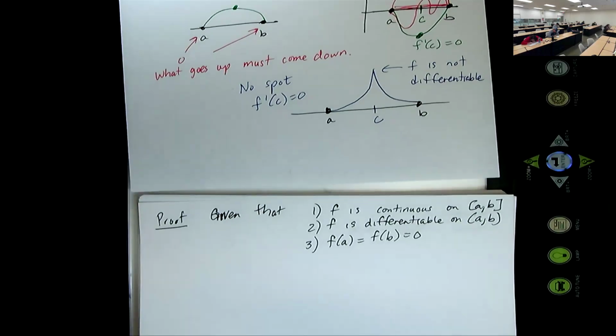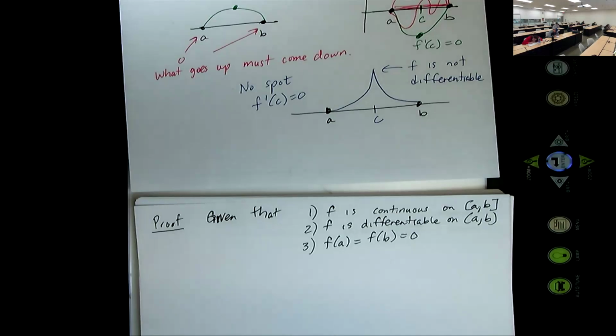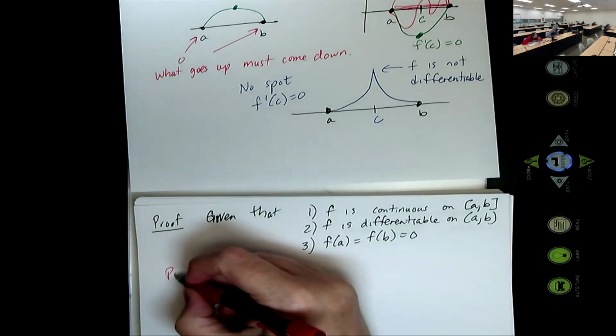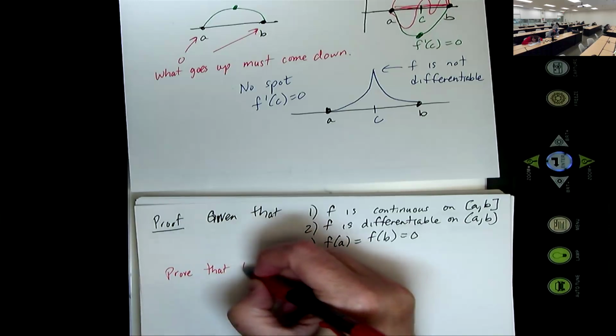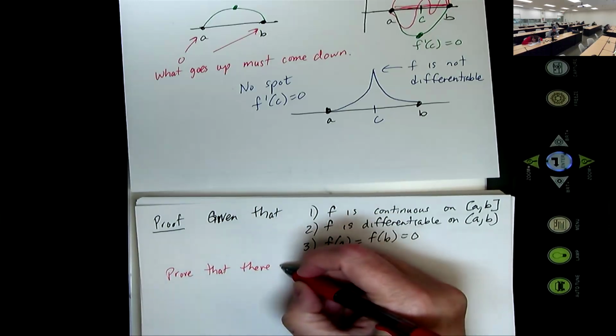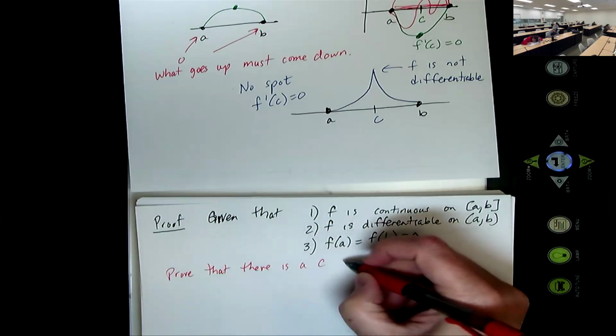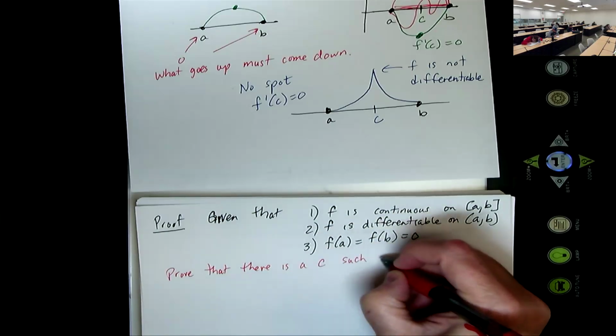The goal is to prove that there is a C such that f prime of C equals 0.